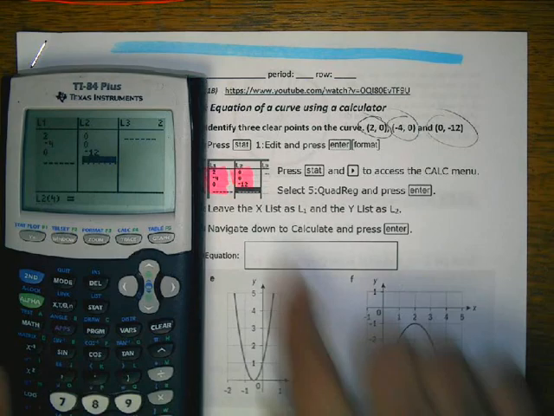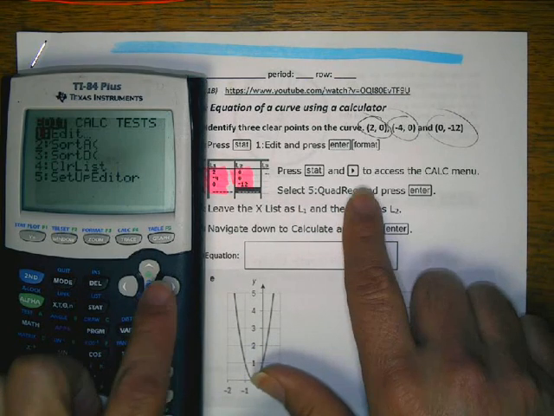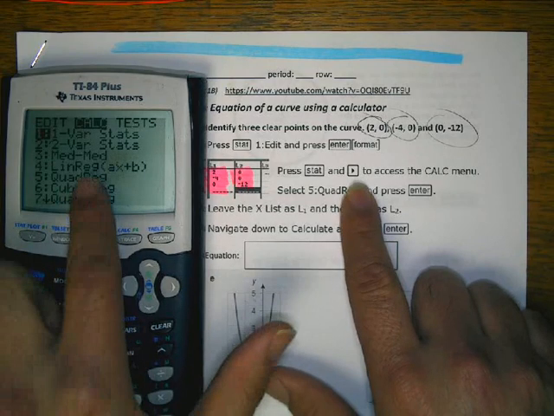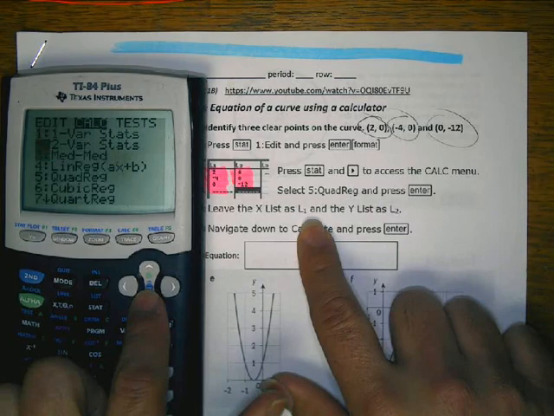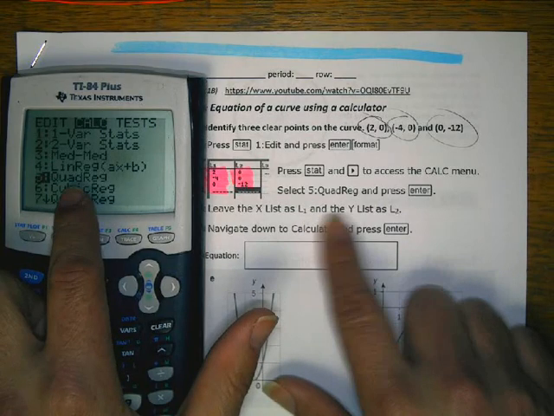Okay, now I follow these other steps. I hit stat. I'm going to arrow to the right until it says calc. And then I'm going to go down to number 5 where it says quad reg, and then hit enter.